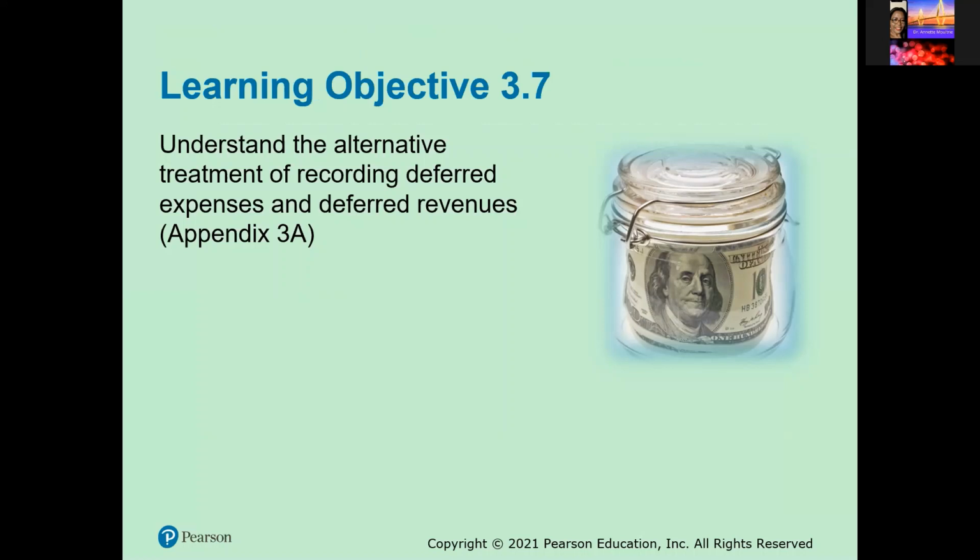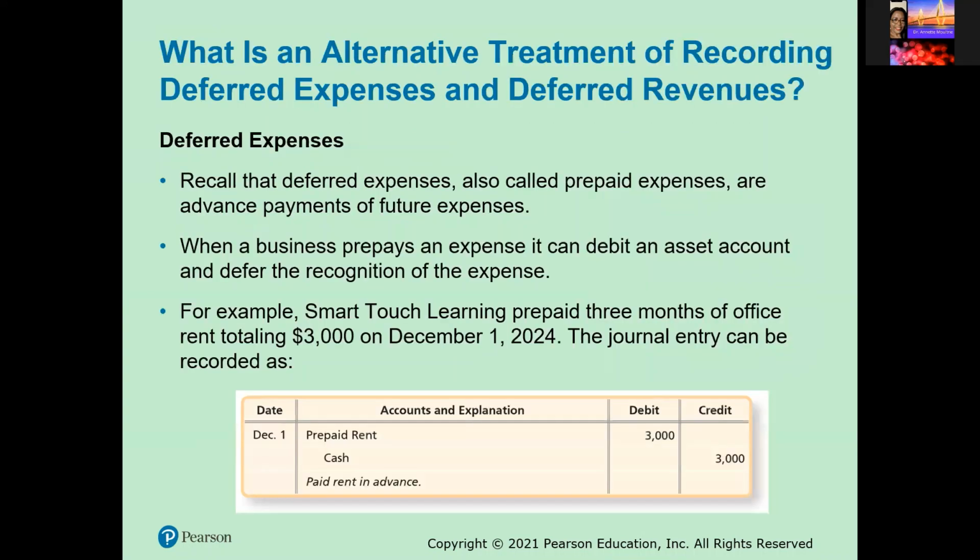Learning Objective 3.7. Understand the alternative treatment of recording deferred expenses and deferred revenues. So we will understand the question, what is an alternative treatment of recording deferred expenses and deferred revenues?